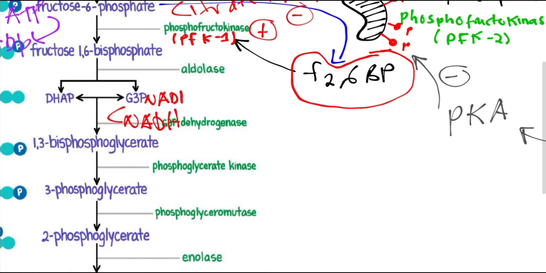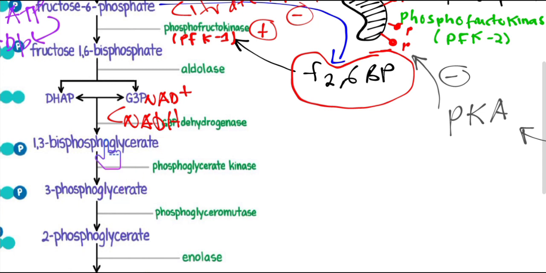What this dehydrogenase is doing is simply removing a hydride ion from glyceraldehyde 3-phosphate and adding it to NAD positive to make NADH. So whenever you see an enzyme ending with dehydrogenase, just know that it is involved in the transfer of electrons, or in the removal or addition of a hydride ion. Okay, that is what is happening there. So we are forming NADH.